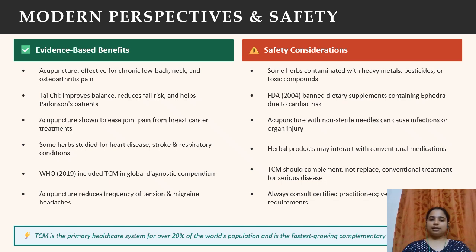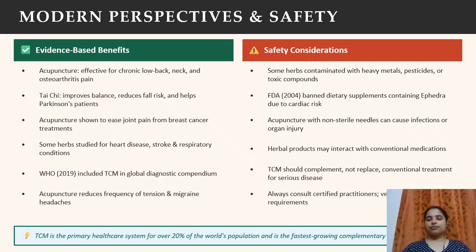And again, the WHO has included TCM or traditional Chinese acupuncture in its global diagnostic compendium, and acupuncture is also said to reduce frequency of tension as well as migraine headaches.